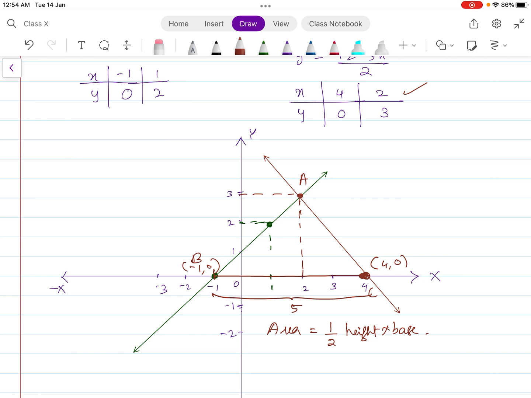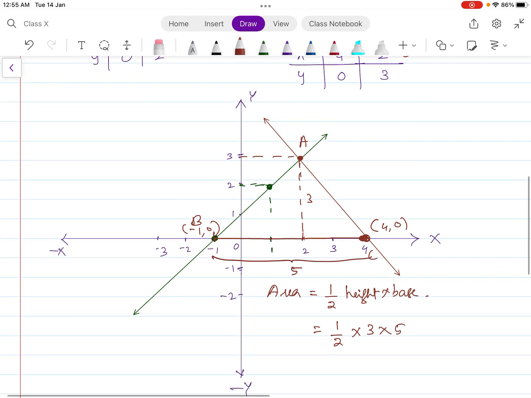And then height is nothing but, here 2 to 3, whatever line we are showing, that is nothing but the height of that vertex A. So therefore here the height appears to be 3. So you can just write 1 by 2 into height 3 and base 5, which will come as 15 by 2, that is 7.5 centimeter square.